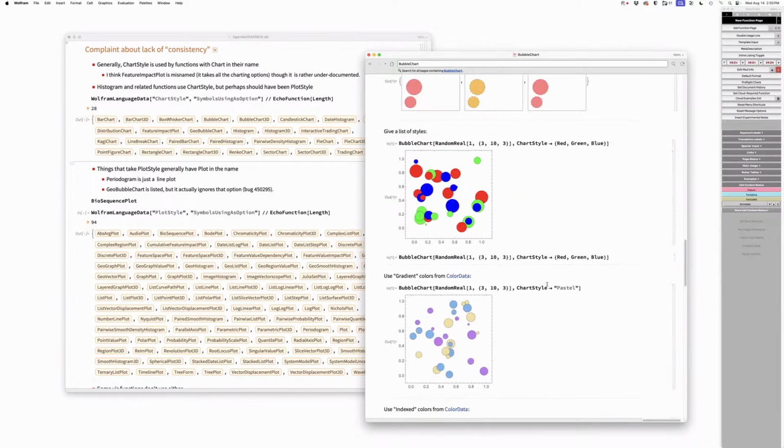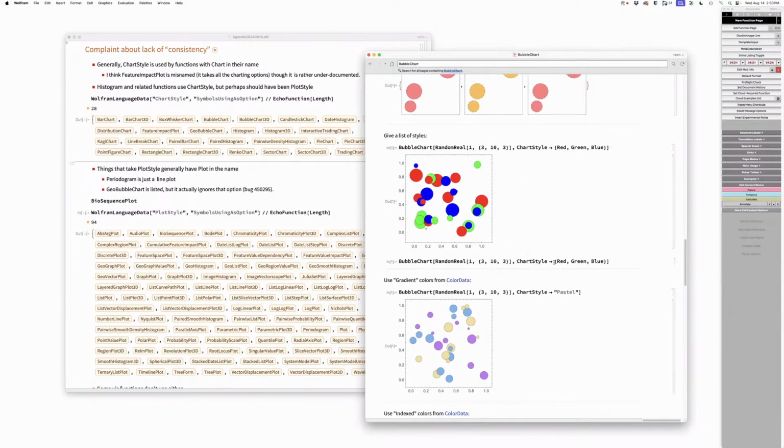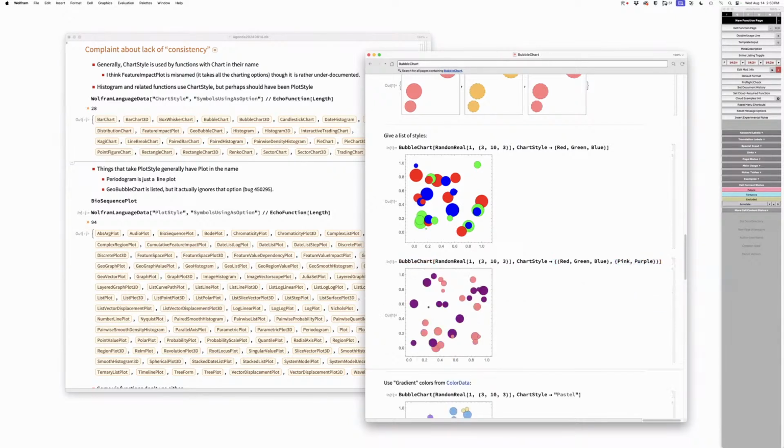I would hope. ChartStyle goes to 24. I love that. Well, I don't think that's a great choice, but fine. Right. I mean, if you did something like opacity or something, so that we could actually.